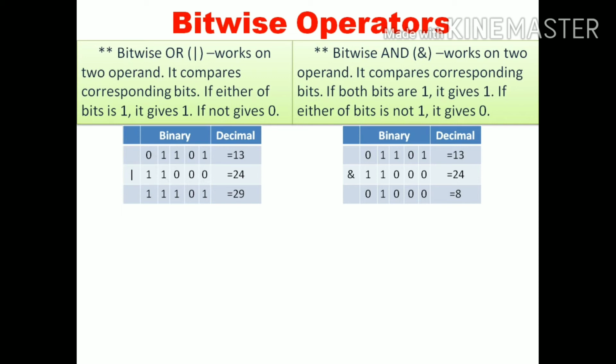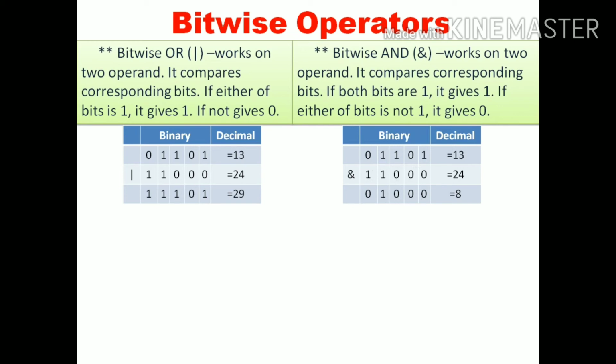In that case, for AND, you use the multiply sign. Here use the plus sign, here is the multiply sign. So 1 into 0 becomes 0, 0 into 0 becomes 0, 1 into 1 becomes 1, and 0 into 1 becomes 0. That is 01101, the binary value of 13, and 11000 is the binary form of 24. So finally I got 01000.